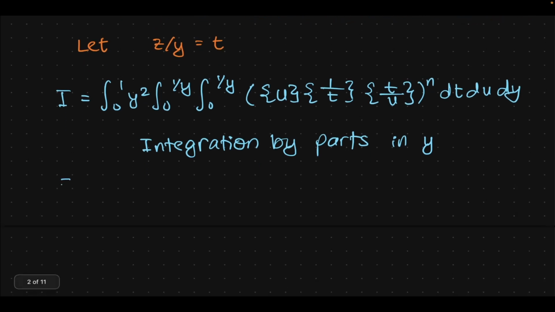So if we write it out, the term we shall integrate is the y squared because that's the easiest, and we shall differentiate this entire inner integral. Maybe I should mark it. So this is what we're going to differentiate, these two nested integrals, with respect to this thing here.